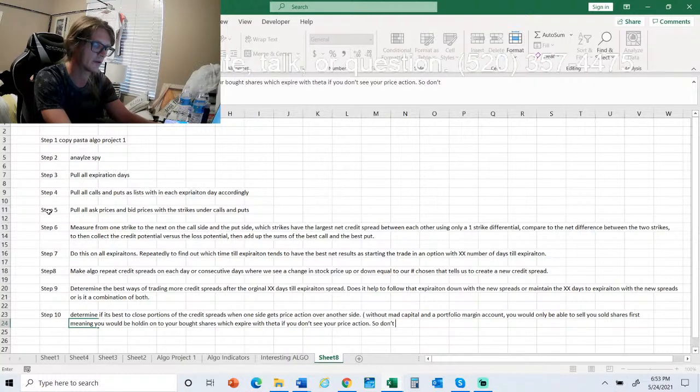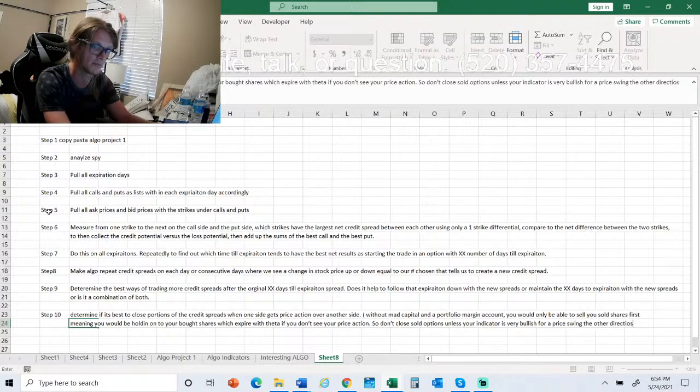So don't close sold options unless your indicator is very bullish for a price swing the other direction. Otherwise, it's probably best just to hold on to both legs all the way until expiration and just collect your credit spread.